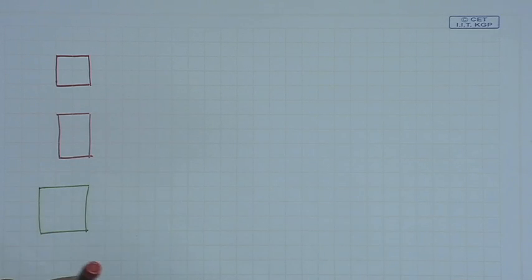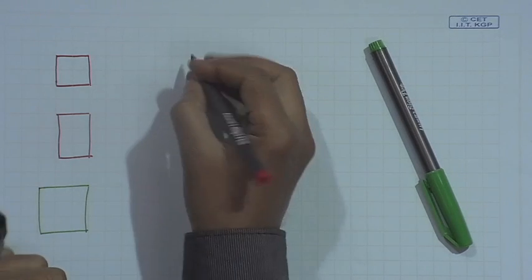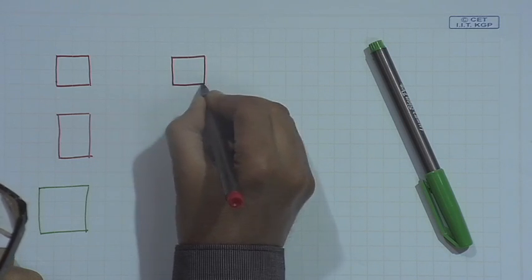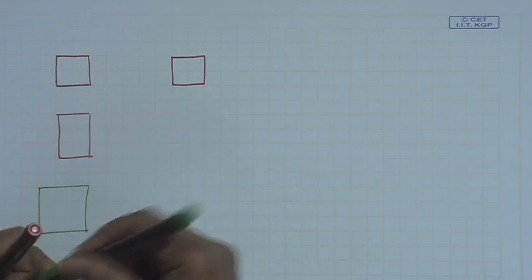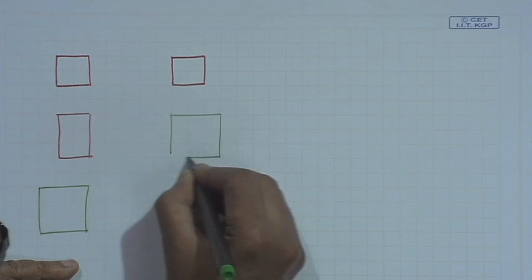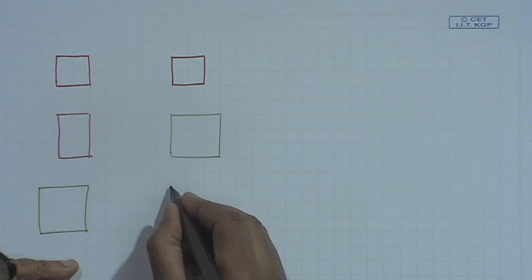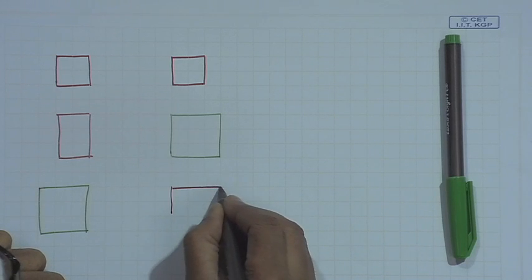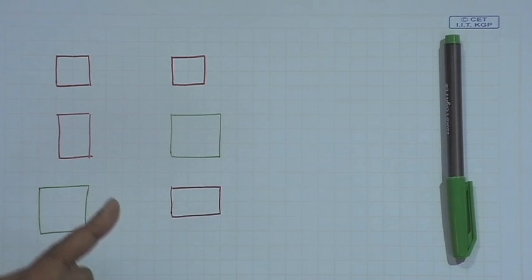On the right side, let us say I have a polysilicon here, I have a diffusion here, and let us say another polysilicon here, something like this.